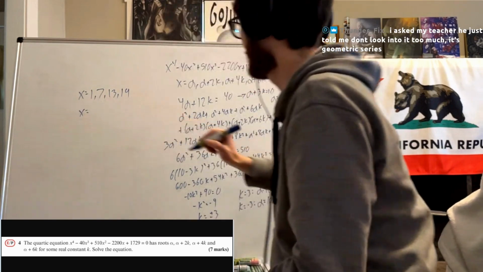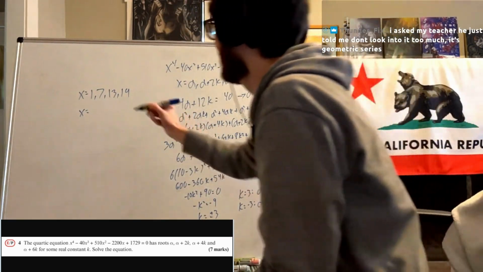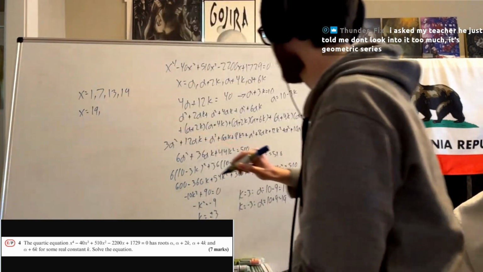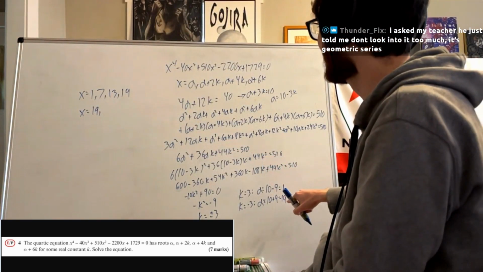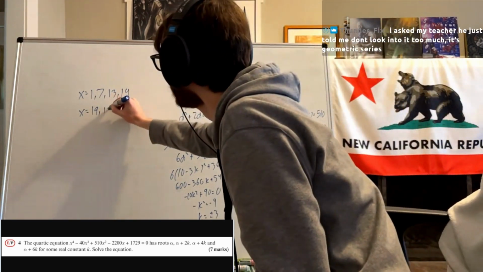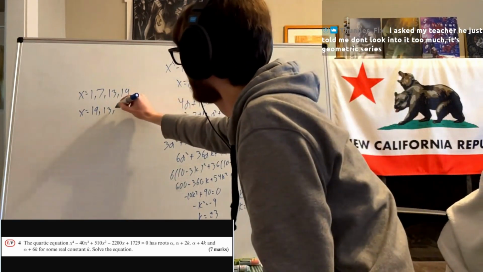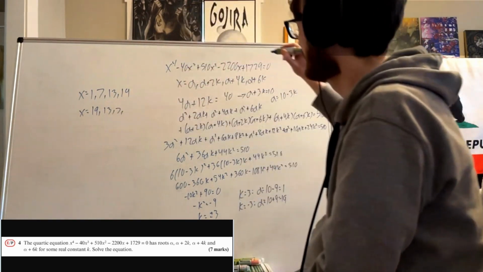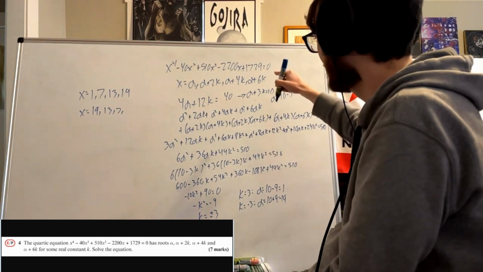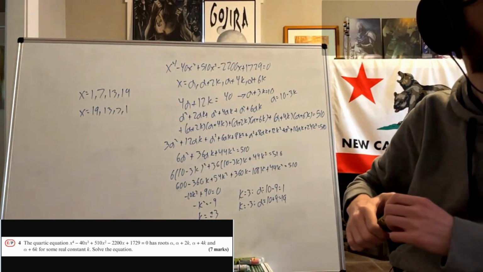Or, with the other case, k equals minus 3, alpha is 19. So we're going backwards, I guess. 19 minus 6 is 13. 19 minus 12, 7. 19 minus 18 is 1. Oh, that's kind of cool. It works out both ways.